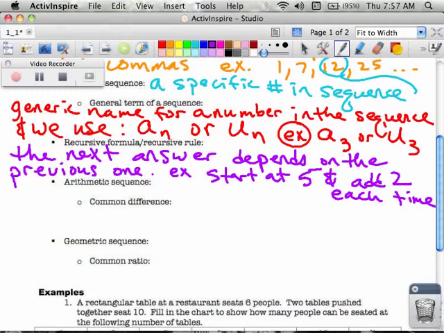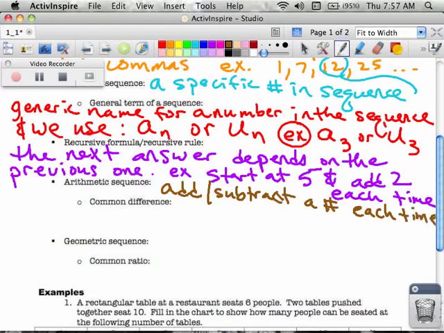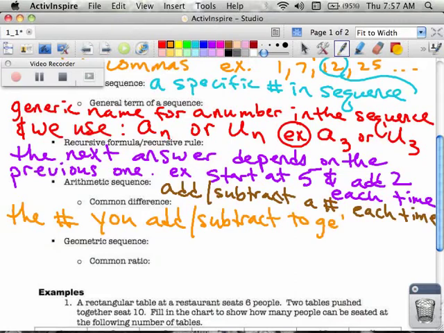In an arithmetic sequence, that's where you either add or subtract a number each time. And the common difference is the number you add or subtract to get the next number.